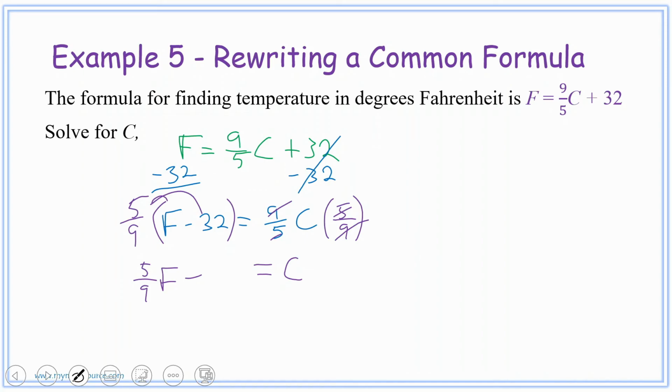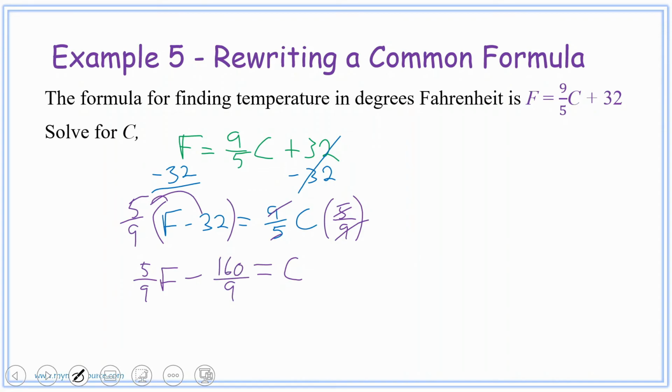Now the preference is that you simplify it at times, or just leave it in its quantity form because it's easier to use. So we have 5 times 32, and if you divide that by 9, you get about 17.7777. It's a repeating decimal. So we have 160 over 9.